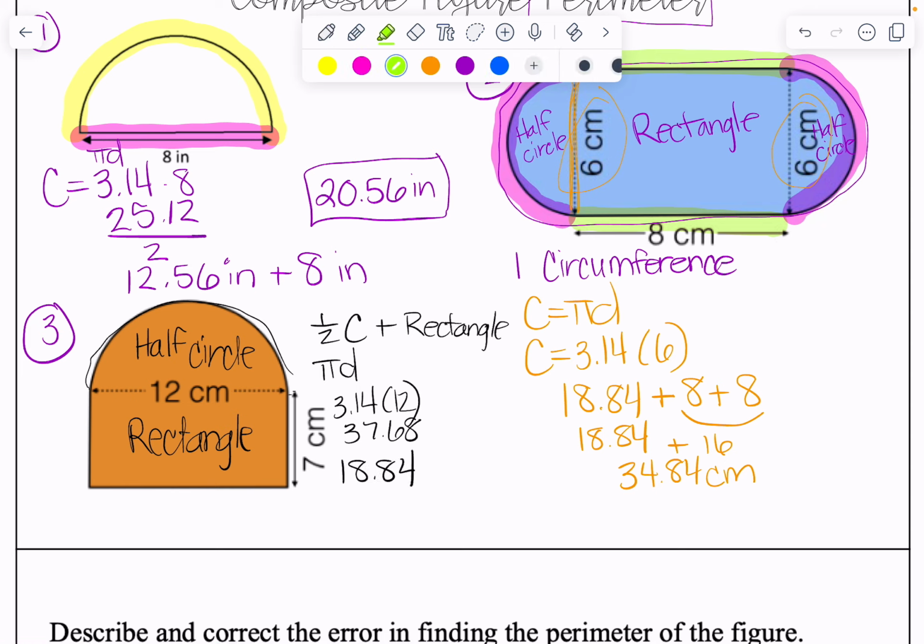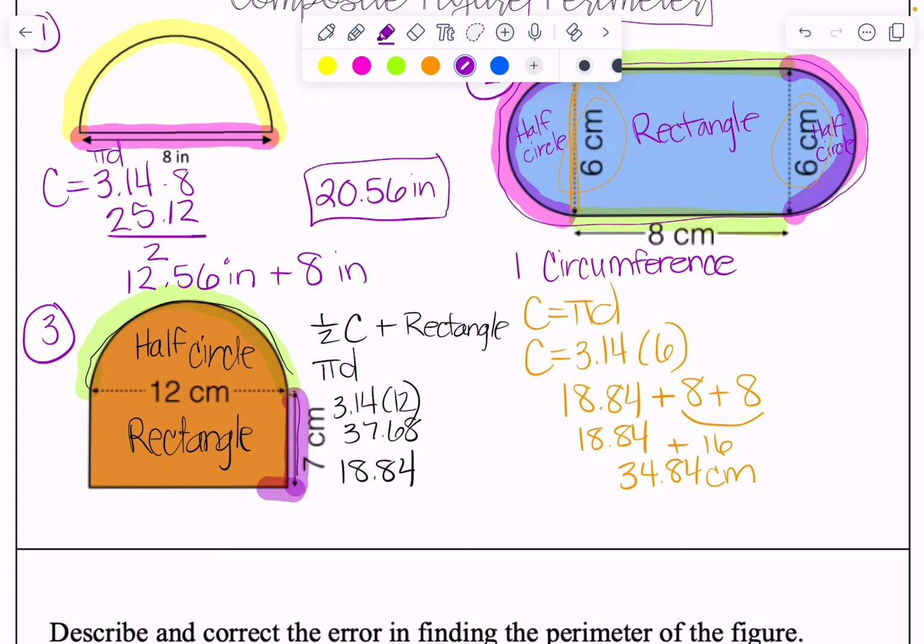Now, we have a half circle here. So right now the 18.84 centimeters is representing that green highlighted portion that I just highlighted. We're doing perimeter. So I don't need to add the 12 back on right now, because this 12 is not on the outside edge of the shape, okay? So now what we need to do is add on these other outside measurements.